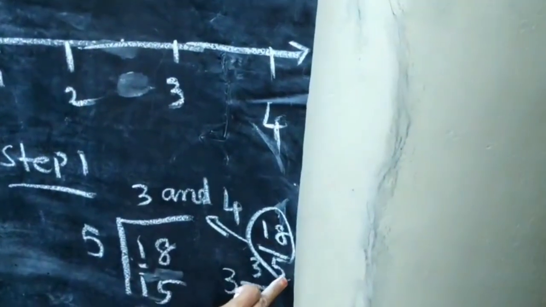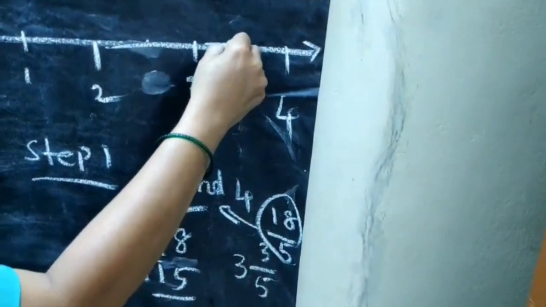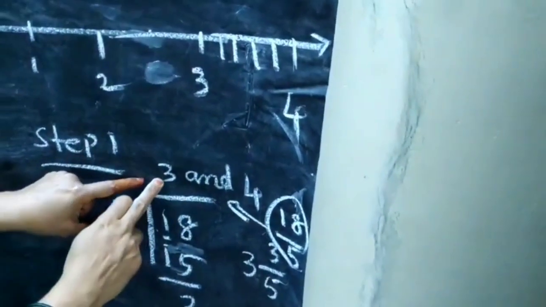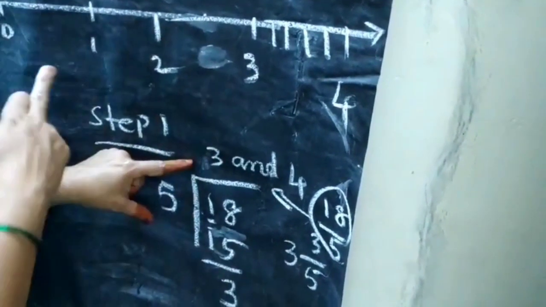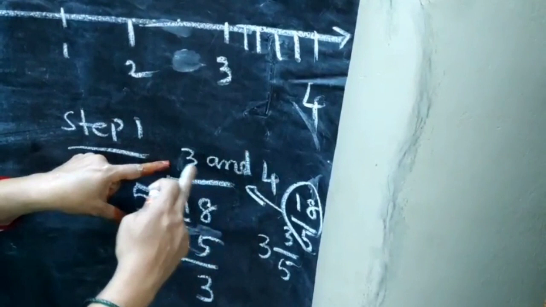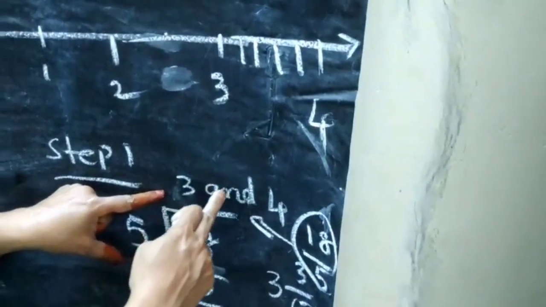How many parts are given? 5. For 5 parts, how many lines? 4 lines: 1, 2, 3, 4. So the next number after 3 is 4, and 18 by 5 lies between 3 and 4.